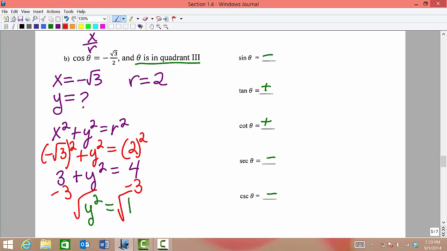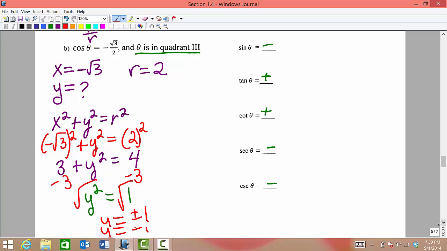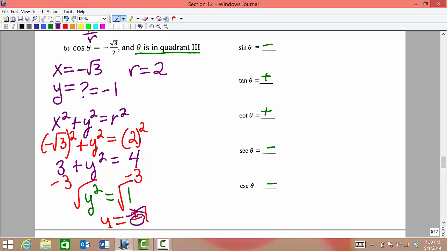And taking the square root of both sides, we get that y is equal to plus or minus 1. So is it plus or minus? Well, we are in quadrant 3, and y is negative in quadrant 3. So we get y is equal to negative 1.